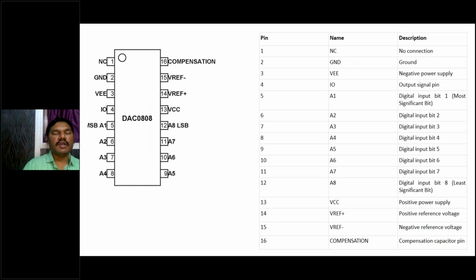This is the DAC 0808 IC pin diagram. It is a 16-pin IC, whereas the ADC 0808 is a 28-pin IC. Why?